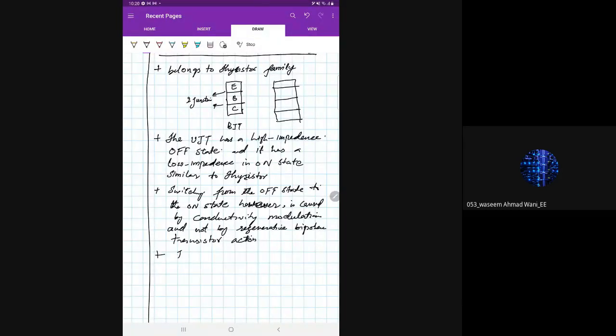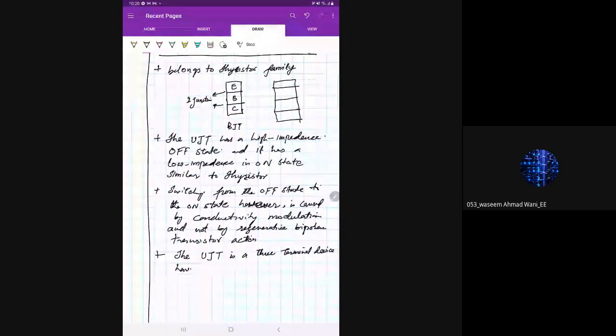Now, like BJT, the UJT is also a three-terminal device. Okay, like BJT, UJT is also a three-terminal device having one emitter junction.